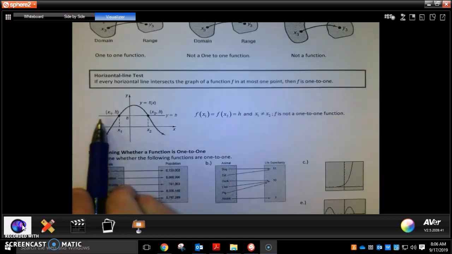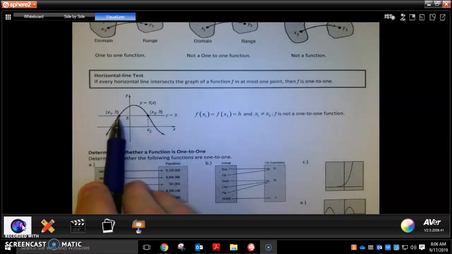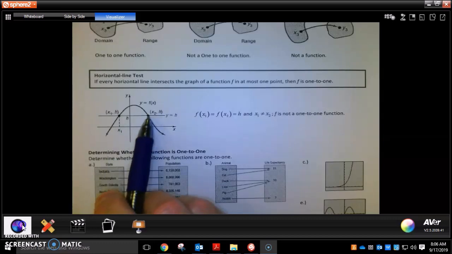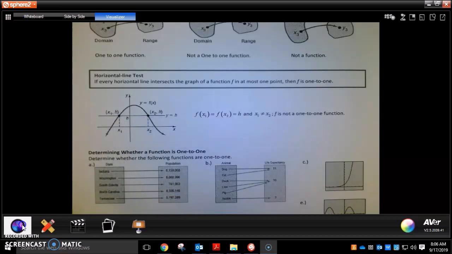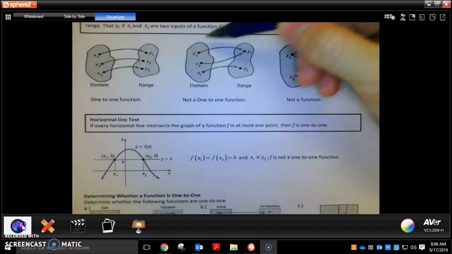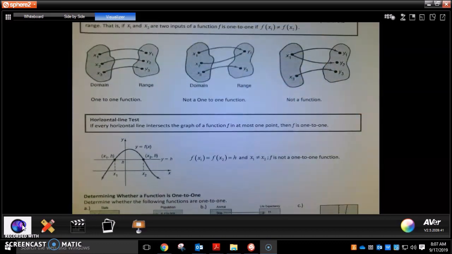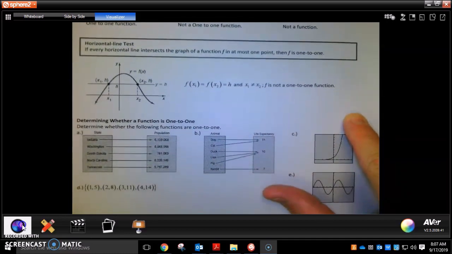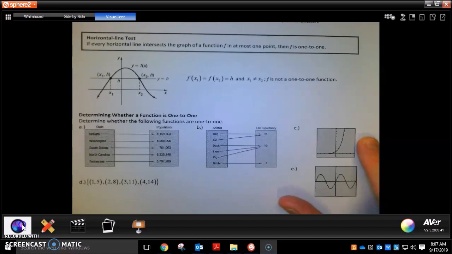So if you can draw a horizontal line and you hit your graph twice, that's not a one-to-one function because these two different x values both have the same y value. So that would be a situation kind of like this mapping right here. So that would not be a one-to-one. So a one-to-one function will pass a horizontal line test, which I'll show you an example of here in a second.